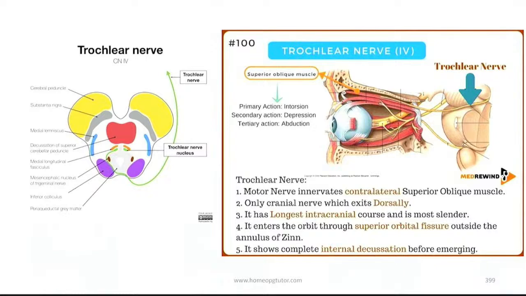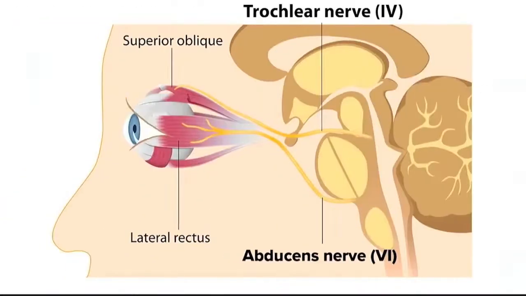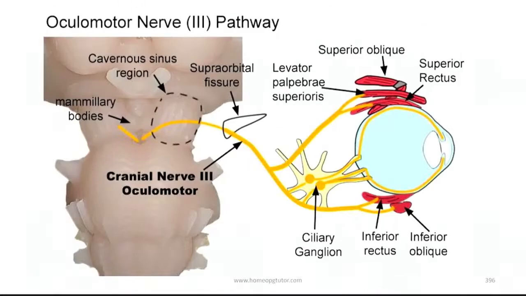Then it enters the superior orbital fissure. Just as we had our oculomotor nerve which entered the superior orbital fissure, similarly the trochlear nerve also enters the orbit via the superior orbital fissure.